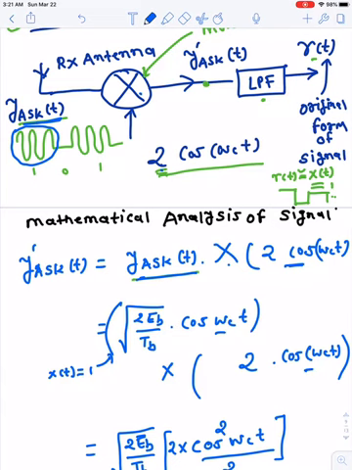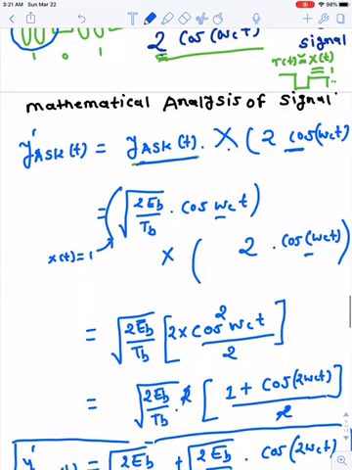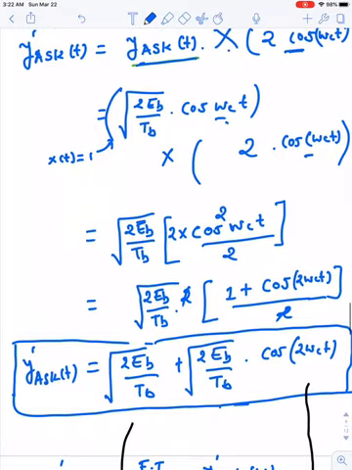It is multiplied here with 2 cos omega ct. We go through some mathematical expression and simplify this. cos square omega ct can be simplified as 1 plus cos 2 omega ct by 2, and the 2 and 2 will be cancelled out.